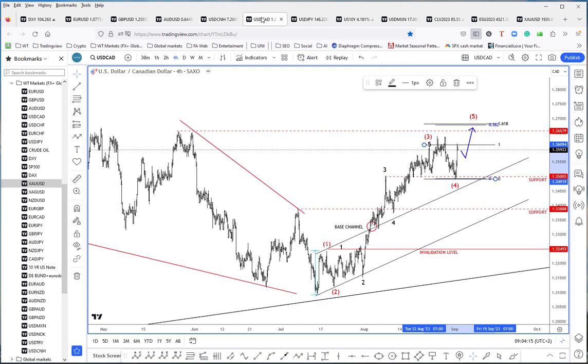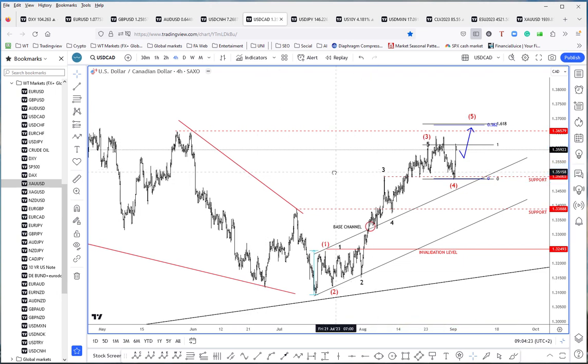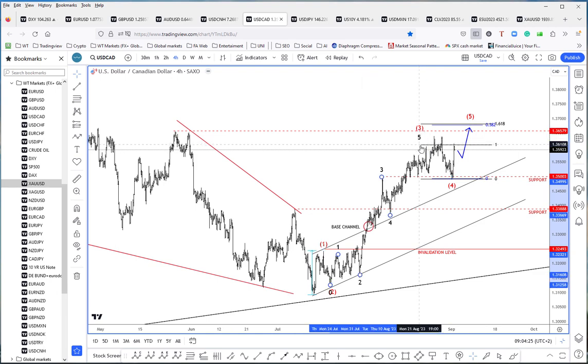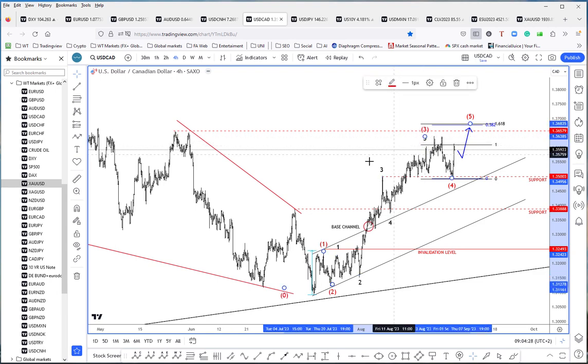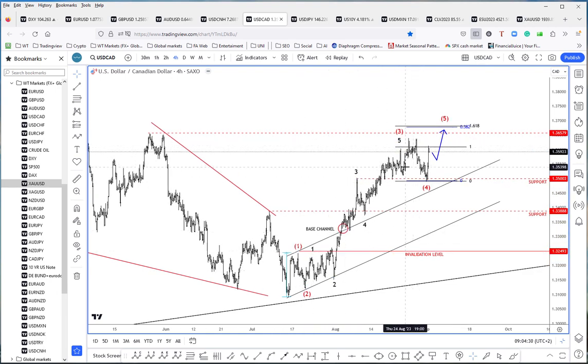Now let's take a look also at dollar CAD. Bank of Canada, as you know, may stay sidelined despite inflation being above target. So we will see how this will unfold, but for now, trend definitely remains in favor of the US dollar.